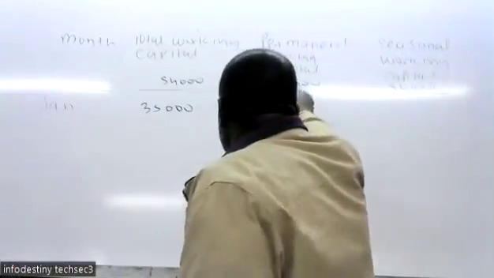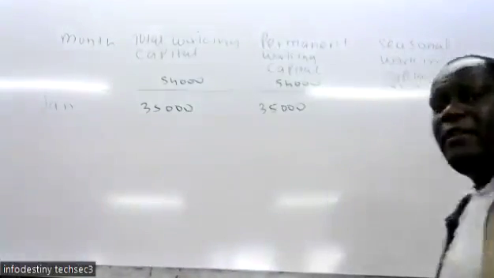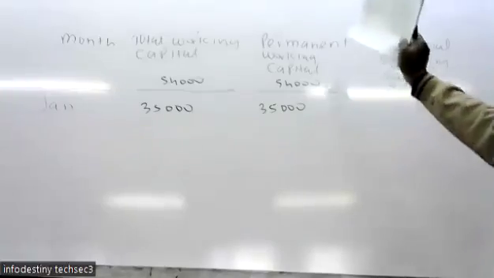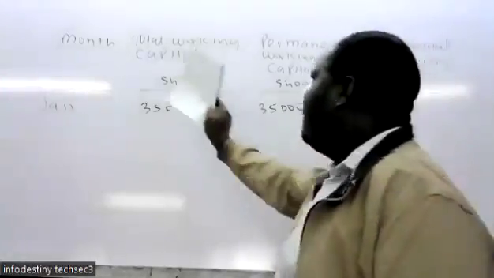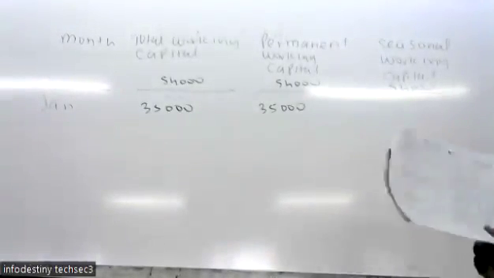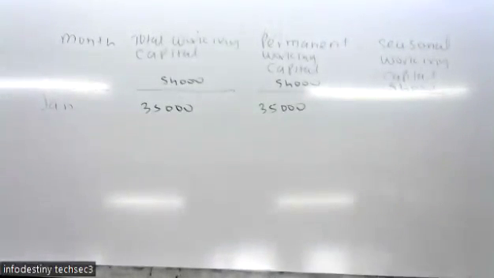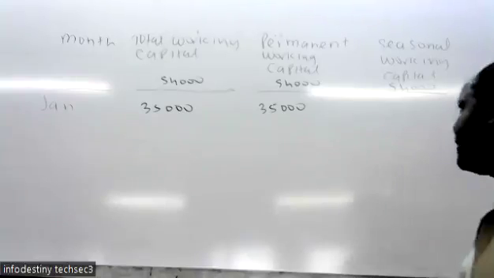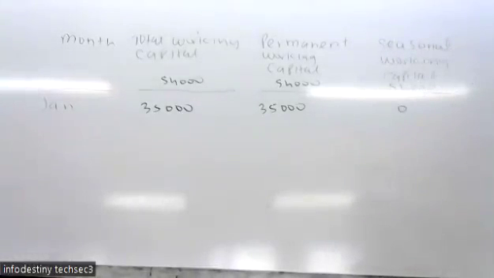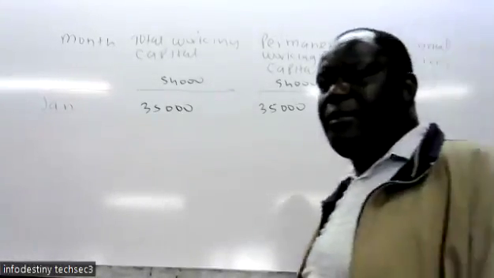To calculate the seasonal, you subtract the permanent from the total, which means it will be 0.